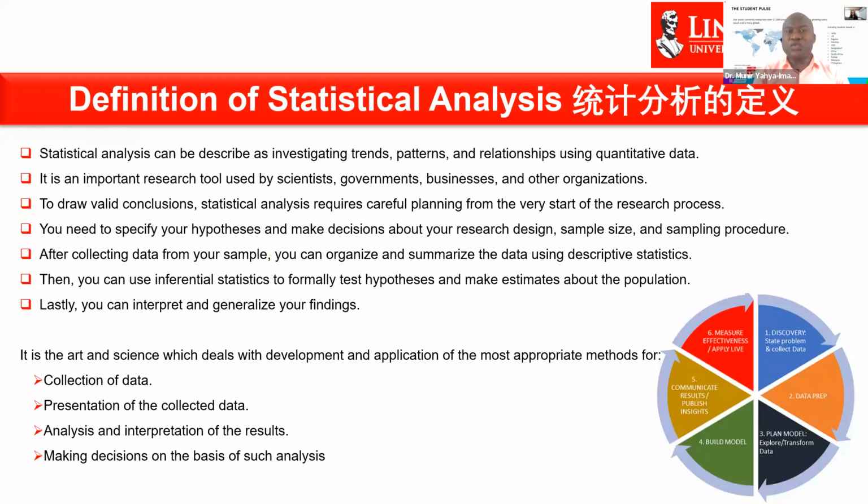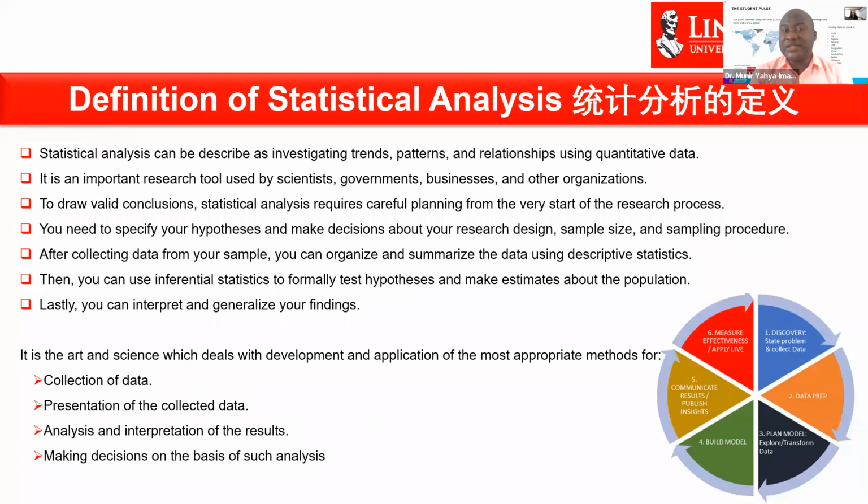Now you need to specify your hypothesis and make decisions about your research design, sample size, and sampling procedure. After collecting the data from your sample, you can organize and summarize the data using descriptive statistics, which is very basic and simple, easy to do.